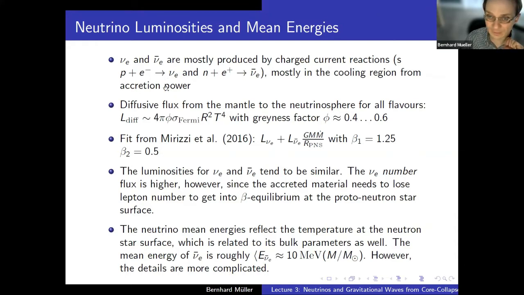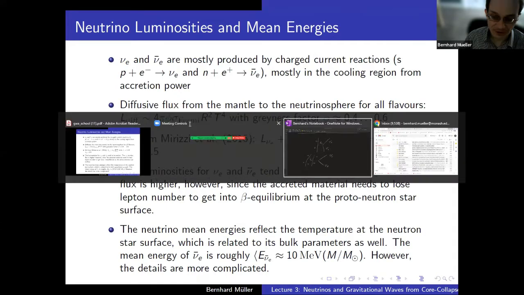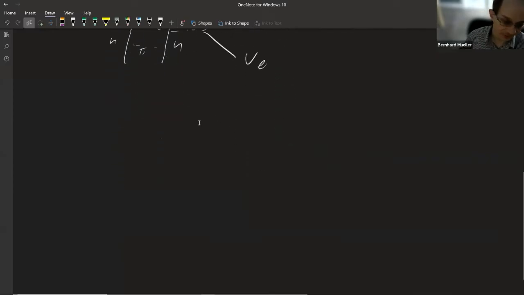So as I said, the key difference is that the electron neutrinos and antineutrinos can be produced by charged current processes in the cooling region, whereas the heavy flavor neutrinos cannot. And I think in one of the previous lectures I already hinted that you can describe effectively the heavy flavor neutrinos. Let's actually make a drawing to make this a bit nicer.